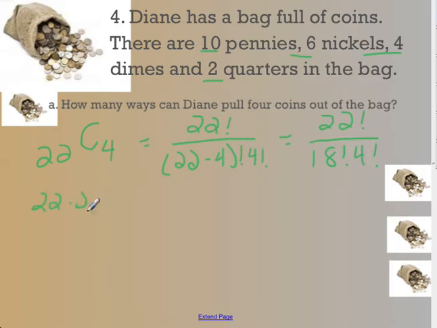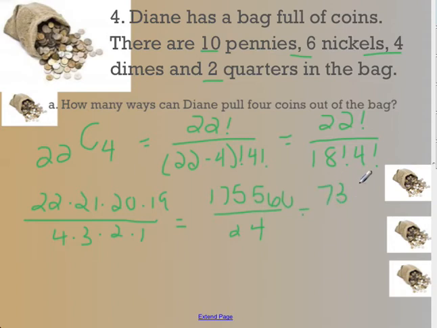So we have 22 times 21 times 20 times 19, and then on the bottom, 4 times 3 times 2 times 1. So when you multiply out the top, you end up getting 175,560 divided by 24, and that's going to equal 7,315 ways that you can draw out 4 coins when you have 22.